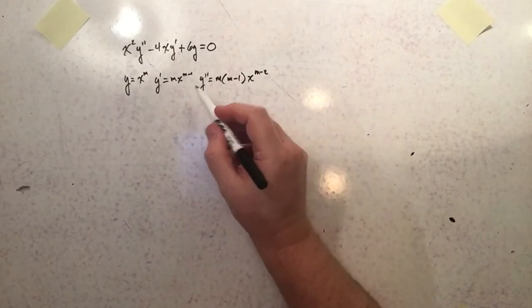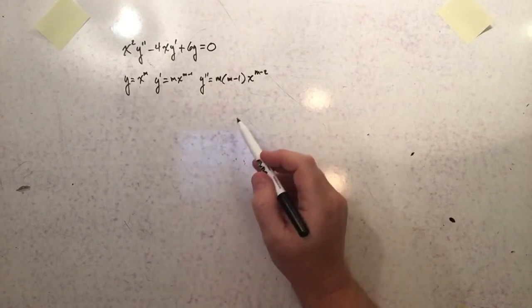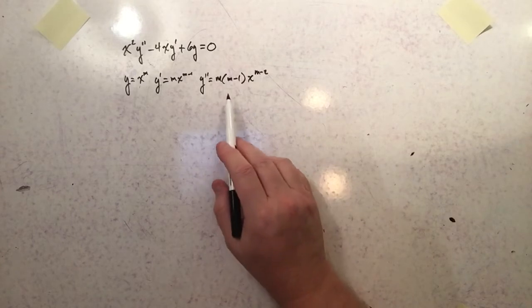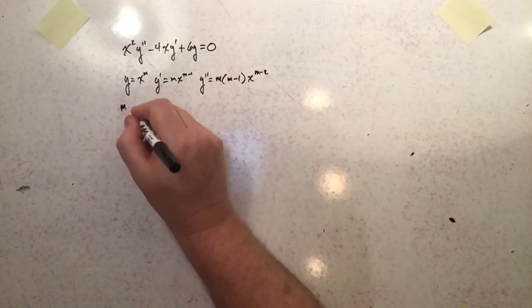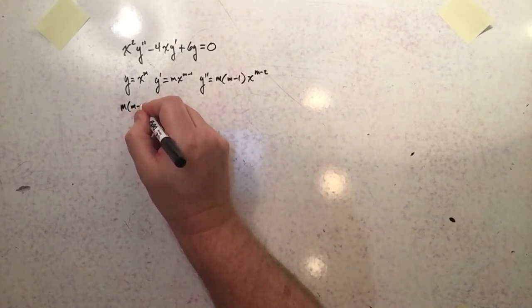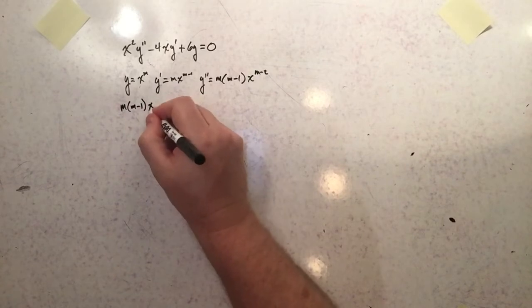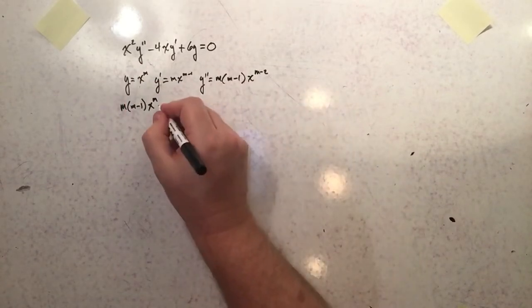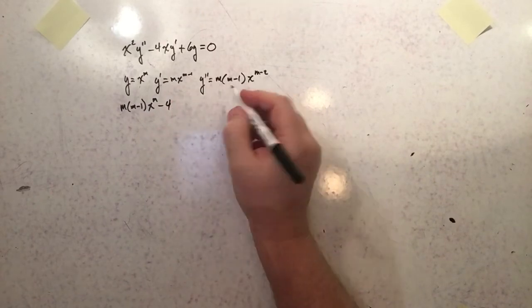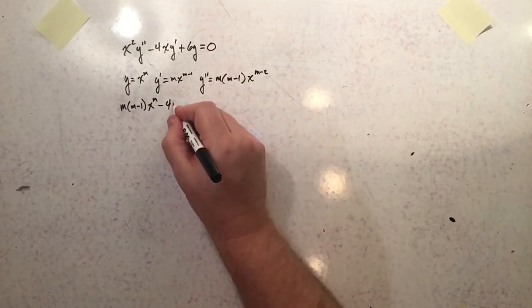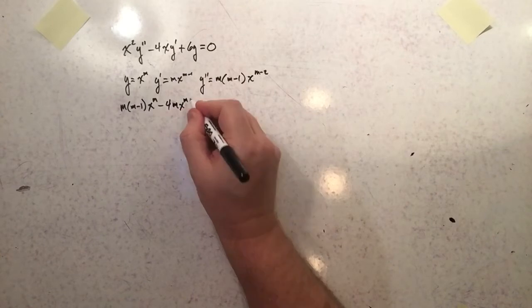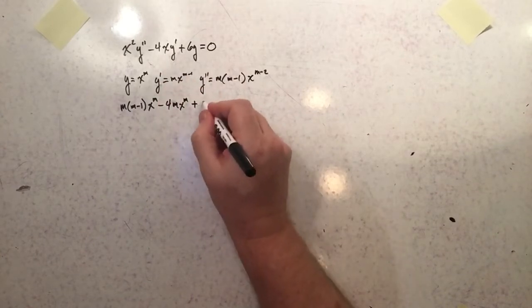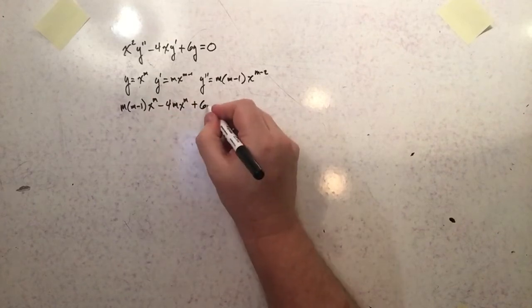So when I substitute in for y, y prime, and y double prime, what we end up with is m times m minus 1 times x to the m, because the minus 2 is taken care of by the x squared, minus 4m x to the m, because the minus 1 is taken care of by the x, plus 6 x to the m.